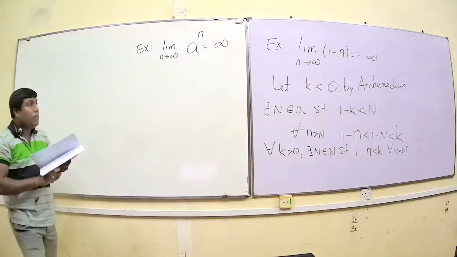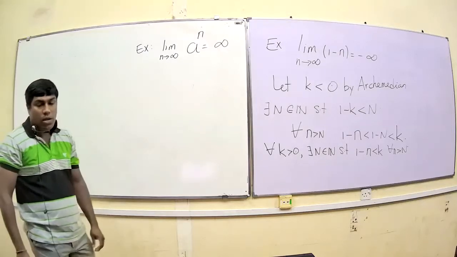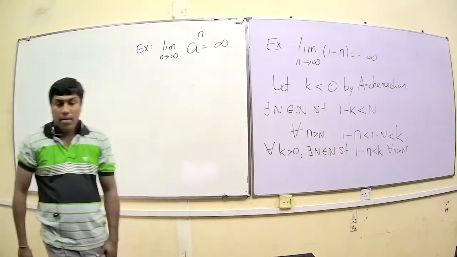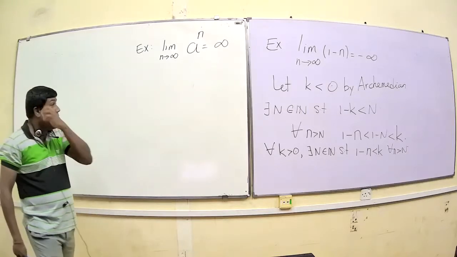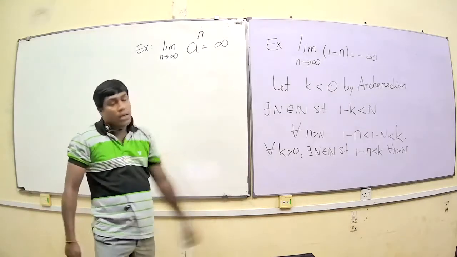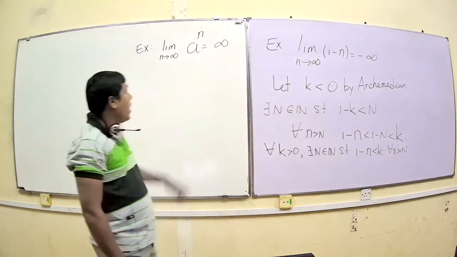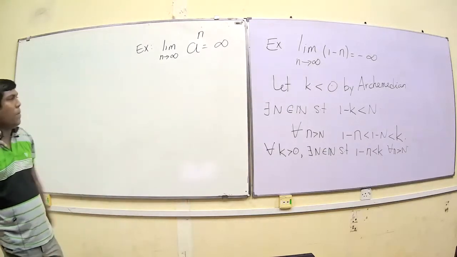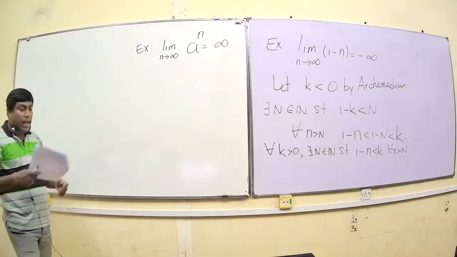You want to show that the limit as n goes to infinity of a to the power n is equal to positive infinity. That is a similar type of exercise. Again, by using the Archimedean property, you have to show that for some positive k, a to the power capital N is greater than k.